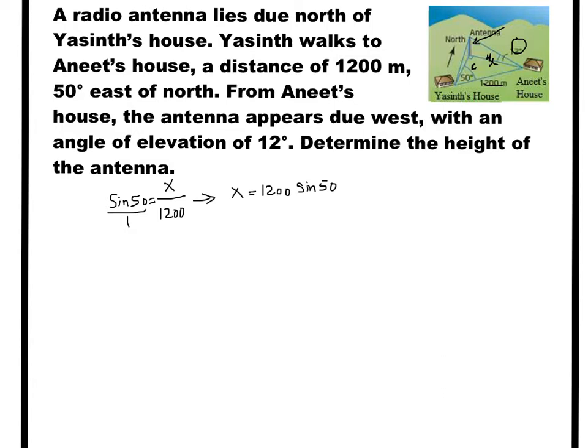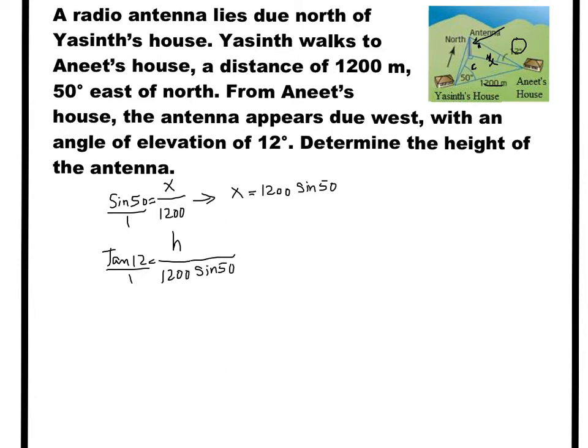Now that I have the x value, I can go to this triangle, which is again a right triangle here. Since I have the angle 12 degrees, I'm looking for the height, and I know the adjacent side is x, which is 1200 sine 50. I can write that tan 12 is the height of the tower, h, over the adjacent side, which is 1200 sine 50.